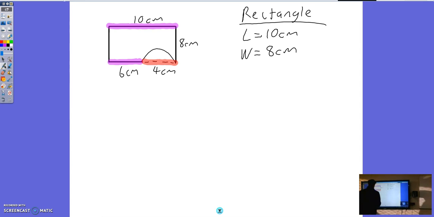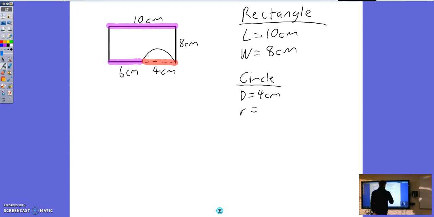So the diameter of the circle must be 4 centimeters. If the diameter of the circle is 4 centimeters, then the radius is half of that. So r equals half of 4, so 4 divided by 2, which is 2 centimeters.